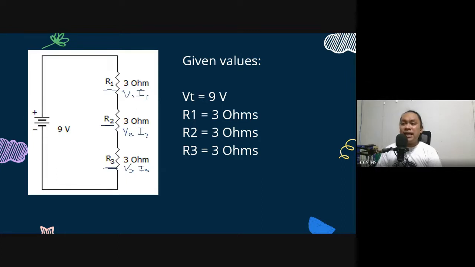Okay, are we done? We are not yet done. If you can remember, this 9 volts is the value for our total voltage. So, since we have total voltage, what else? What other parameter is here? Since we have V sub T, what else?